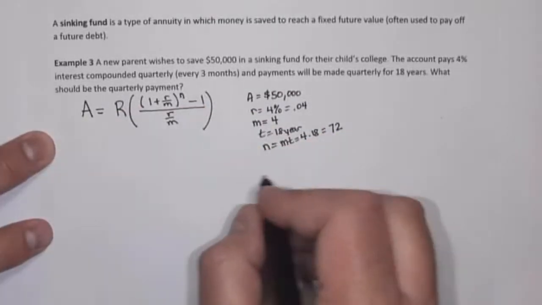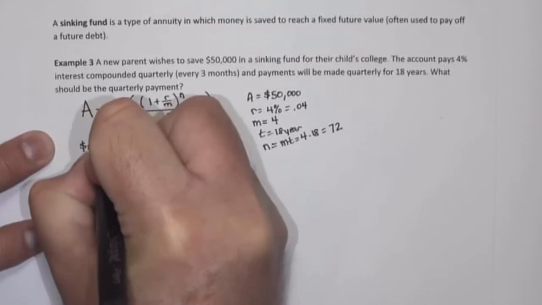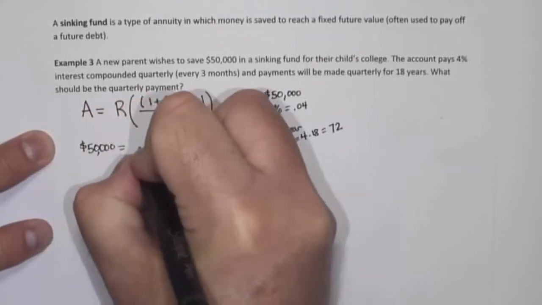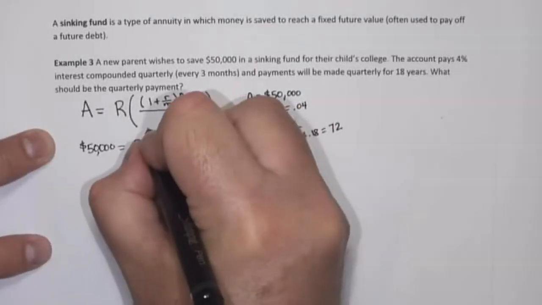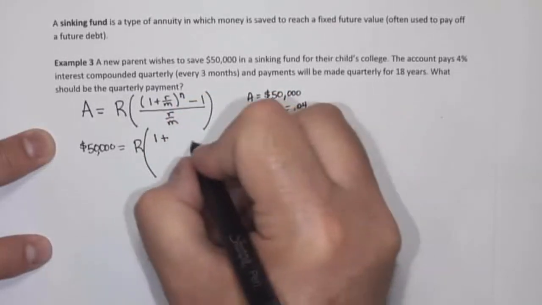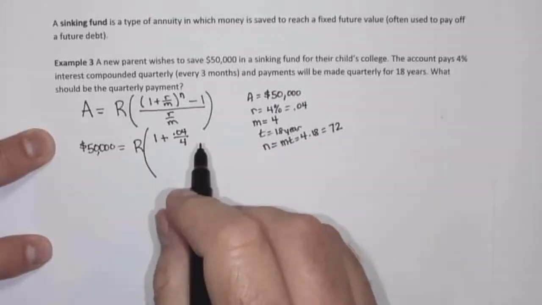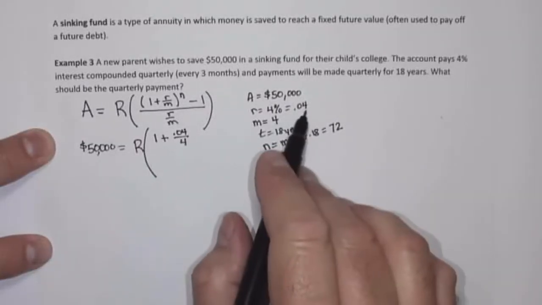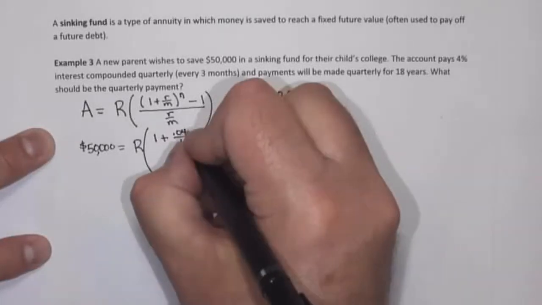So filling in what I know, I have $50,000 is equal to R, which I don't know, that's what I'm trying to figure out, times 1 plus 0.04 divided by 4, but again, because our interest rate's 4% and we're compounding quarterly, that means 4 times per year.